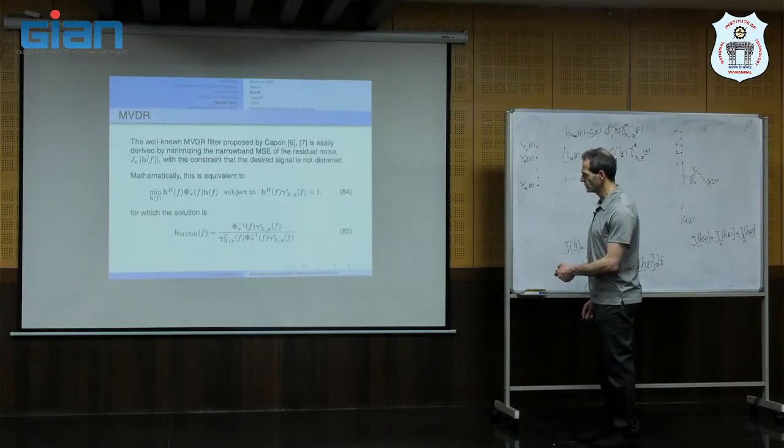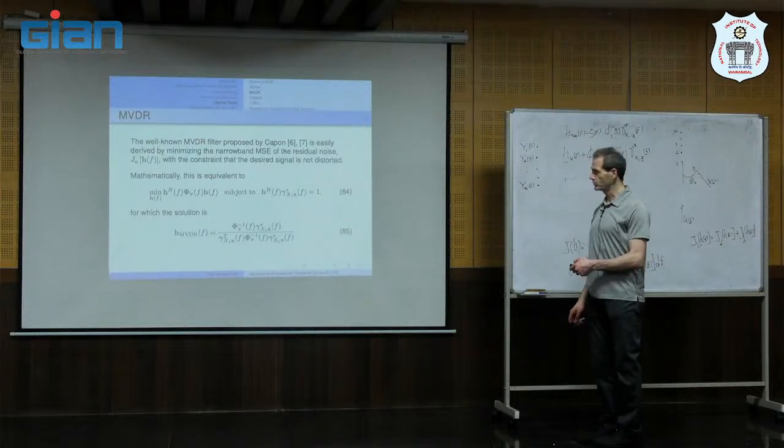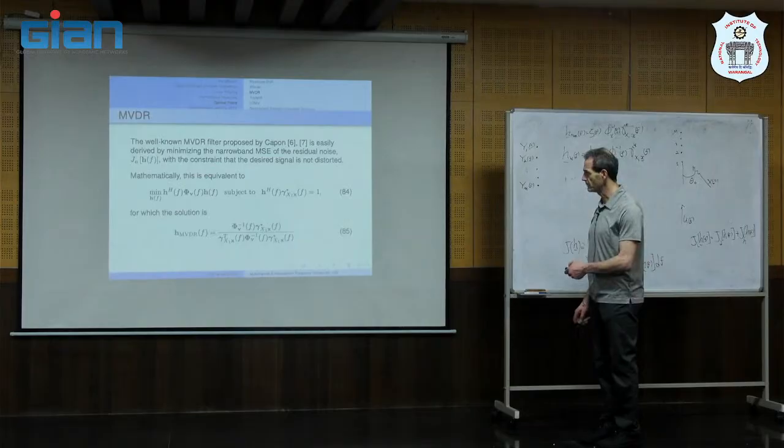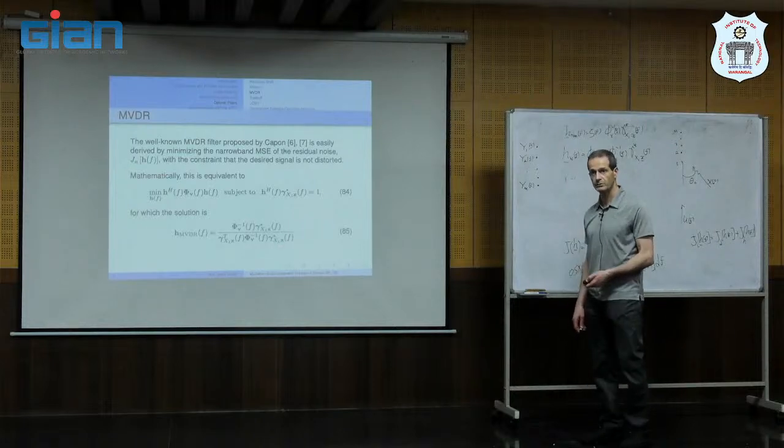So this is the distortionless constraint, because this enables us to get the filtered desired signal equal to X1, and this is the variance of the residual noise at the output of the filter. So this is the problem, and to solve this problem, this is the solution. I think we did it a few times, so it should be easy for you to derive this using a Lagrange multiplier.